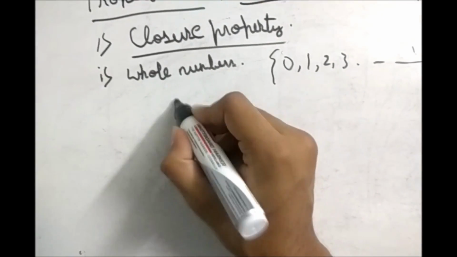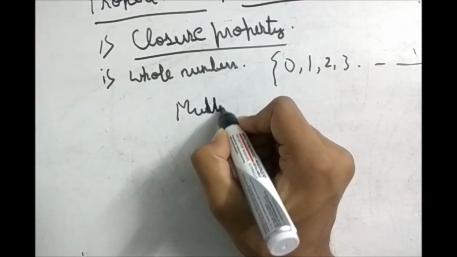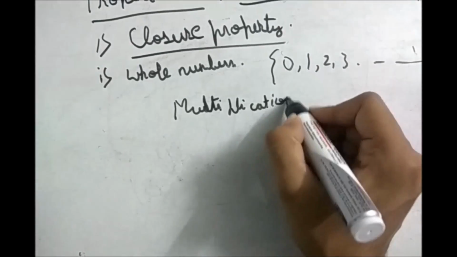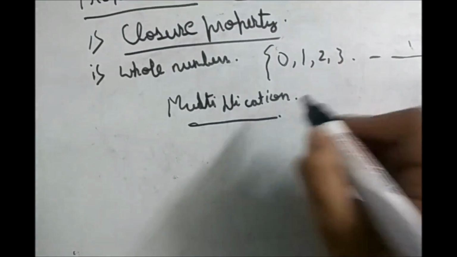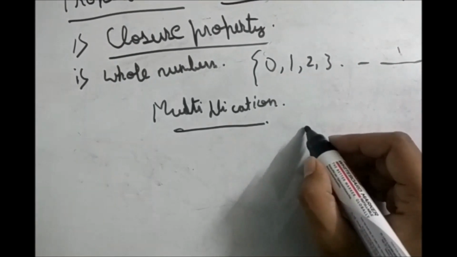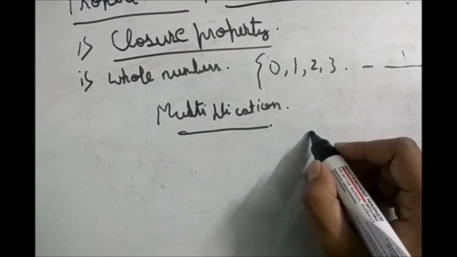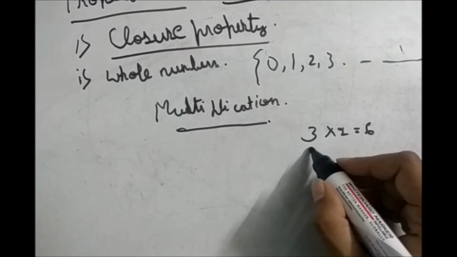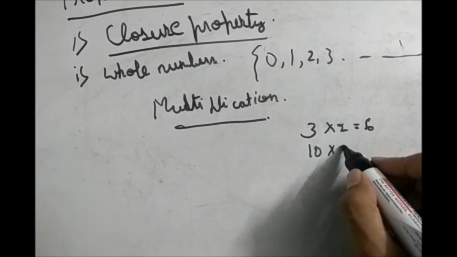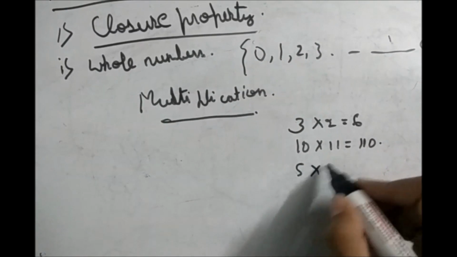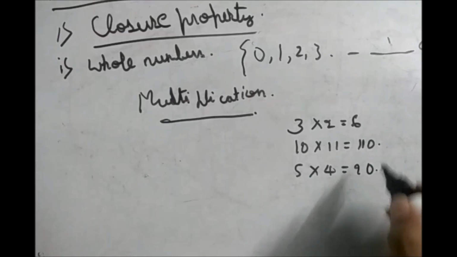Now if we take multiplication, if we take any set of elements, that is 3 into 2 will be 6, or 10 into 11 will be 110, or 5 into 4 will be 20.